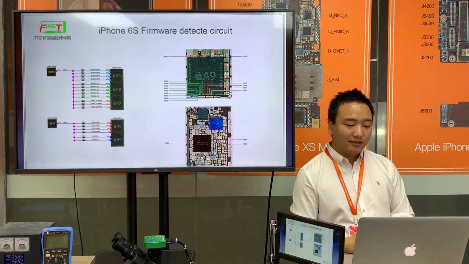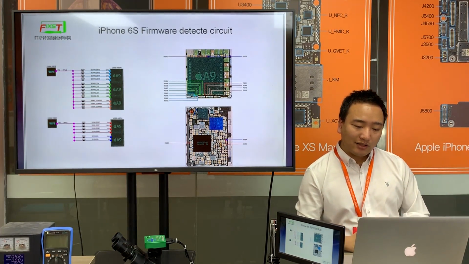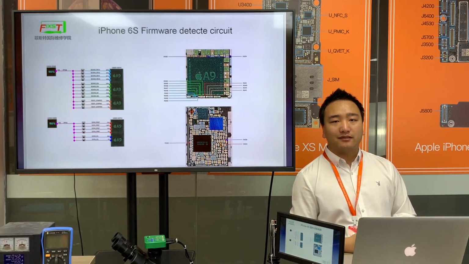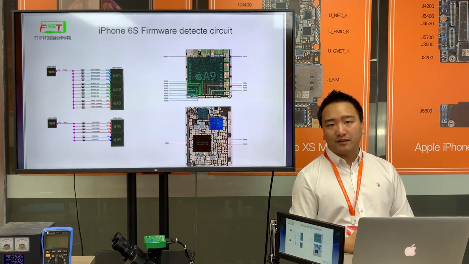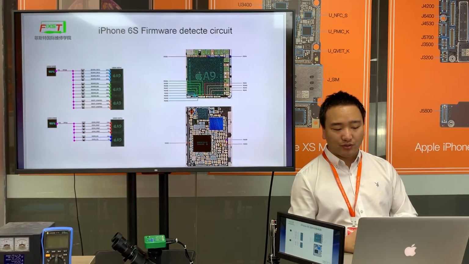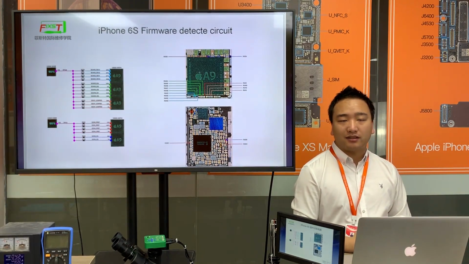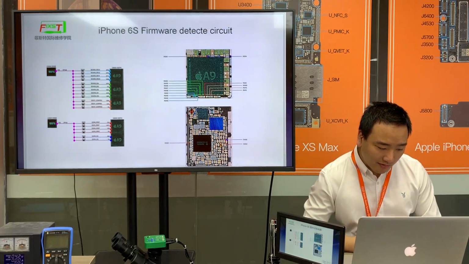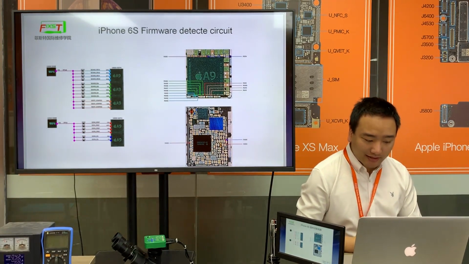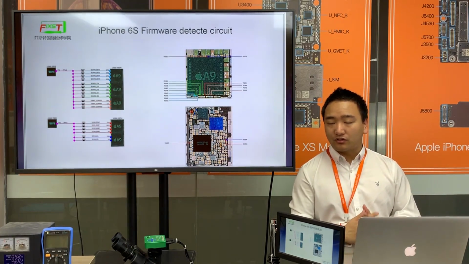The iPhone 6s and the iPhone 6s Plus have very similar CPUs and other parts, but their framework detect circuits are different. First, the PP 1.8 voltage is sent to the CPU, and after that the 1.1 voltage is sent to the RAM.